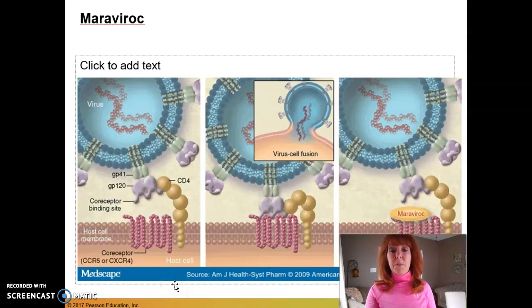For those who seem to be immune to HIV, what they don't make is this receptor right here, this CCR5. So the CD4 interacts with the virus, the CD4 bends down, but the virus never can find that CCR5. So this fusion event does not happen if you do not have this CCR5.